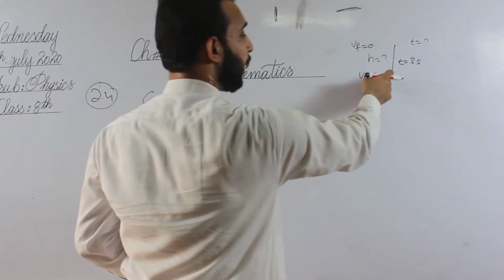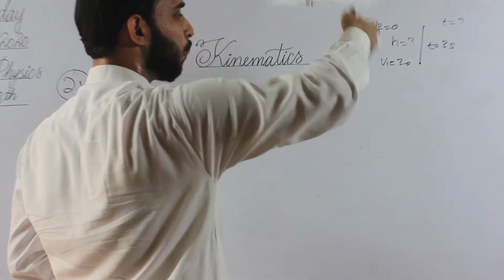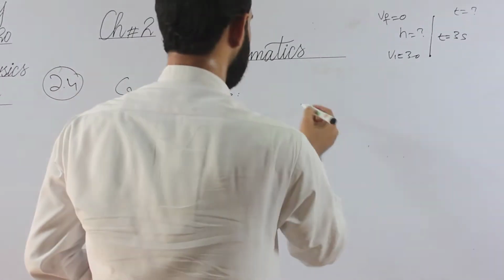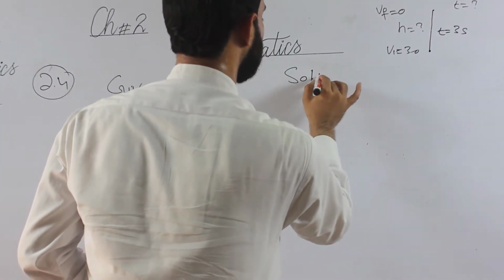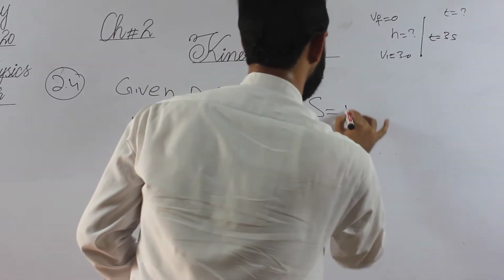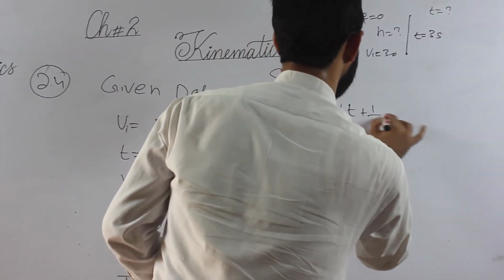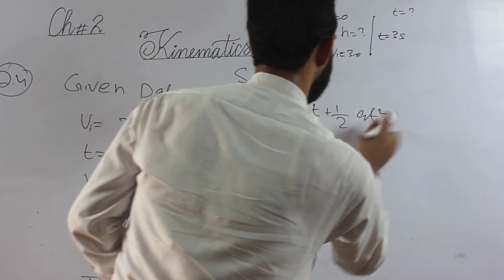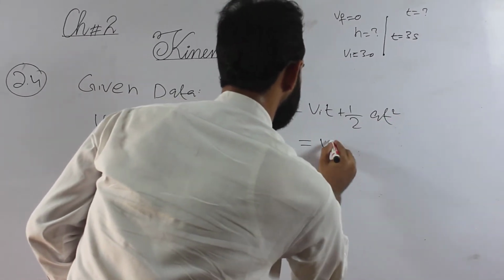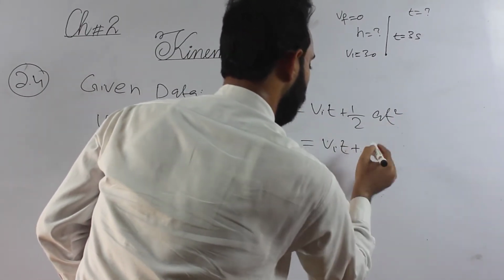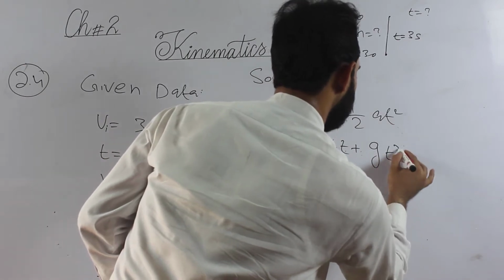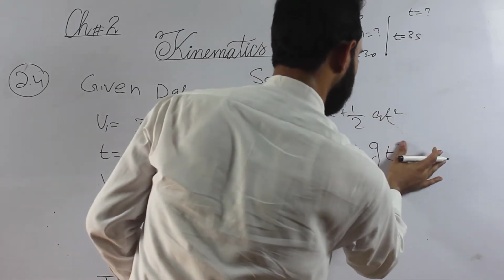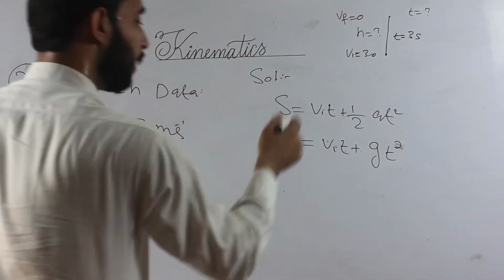Here you observe that the body is moving along the y-axis. So whenever we apply the second equation of motion, Vi t plus 1 over 2 a t square, in the place of a, we will write g, gravitational acceleration, because the body is moving along the y-axis.